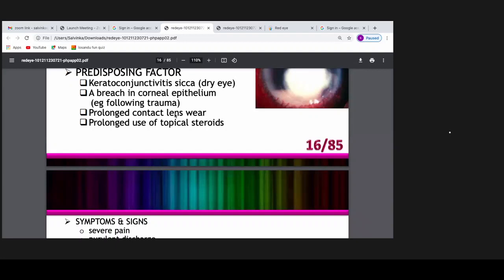Those are the two common things, or otherwise endophthalmitis, especially after surgery, some intervention or trauma. If the patient comes with severe pain, in all those conditions where the inflammation comes from inside the eye, two important symptoms are there. What are the two important symptoms?